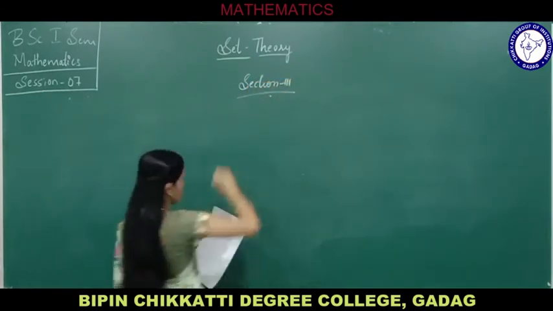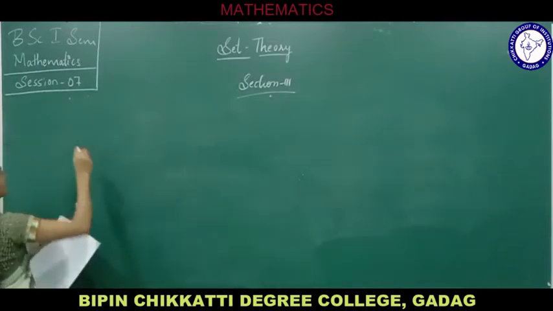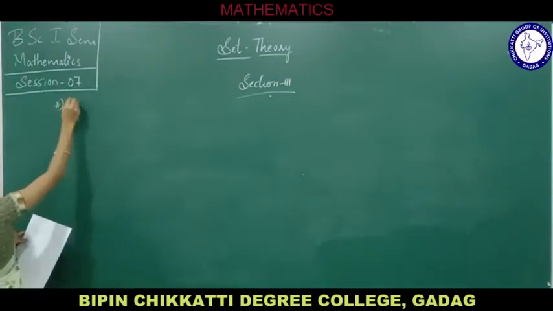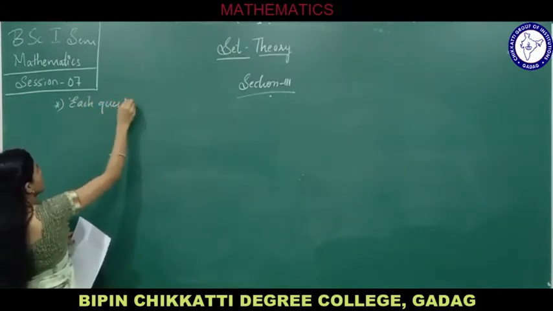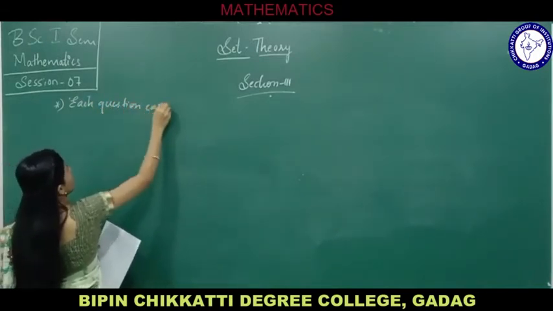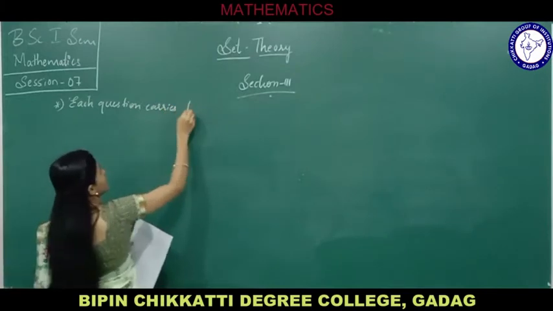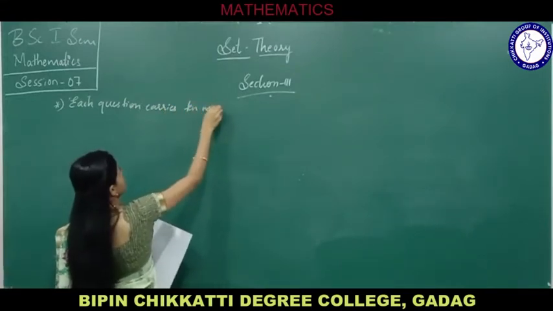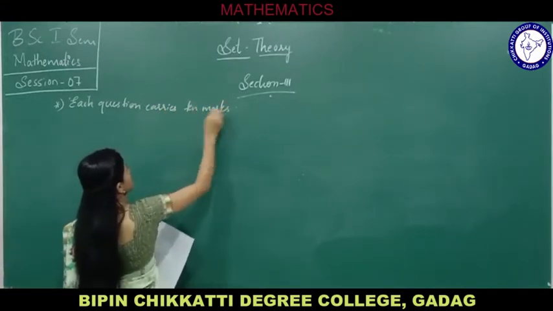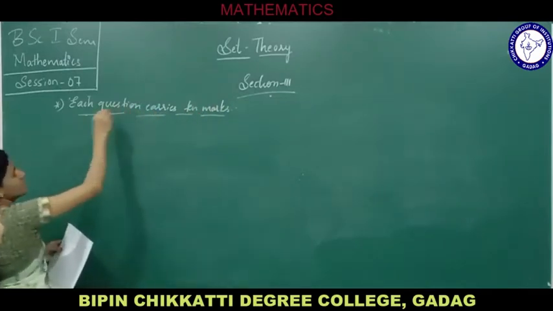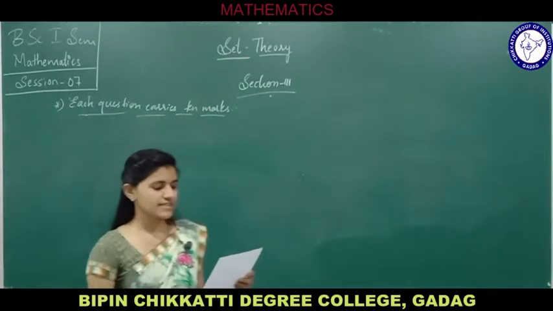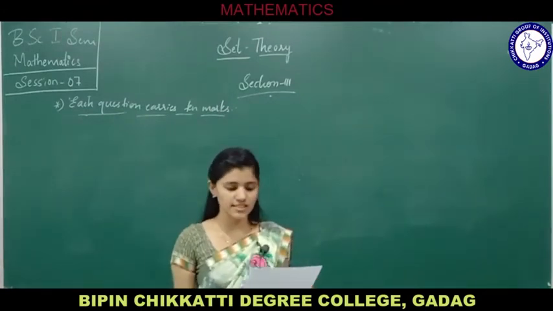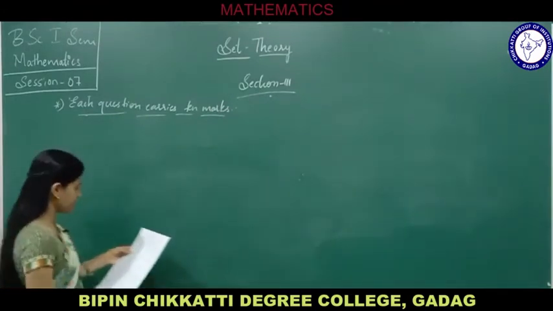Among that, the first one is: prove that the set Q of rationals is countable.